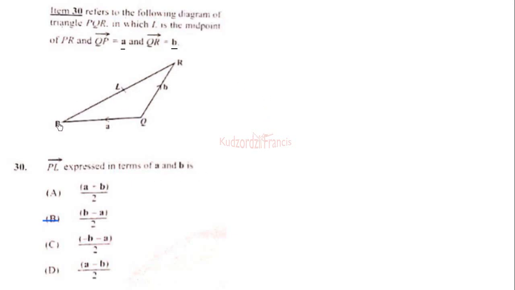We know PL is half of PR, so vector PL is equal to half of PR. We need to express PR in terms of the position vectors A and B.